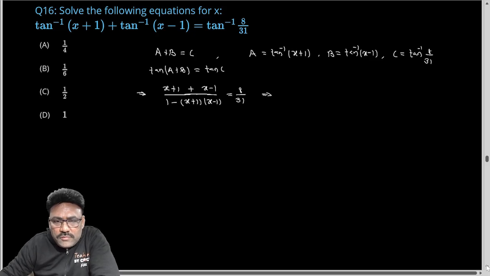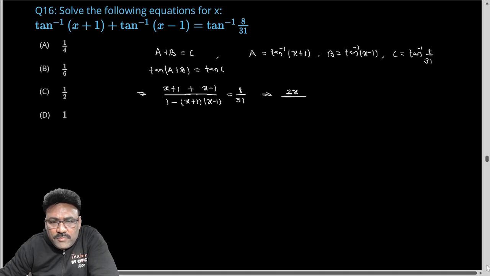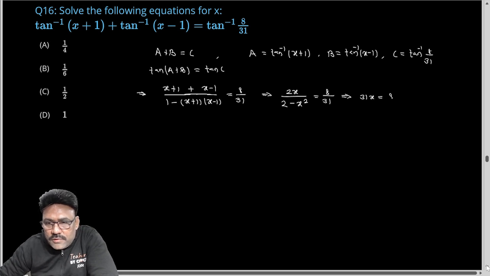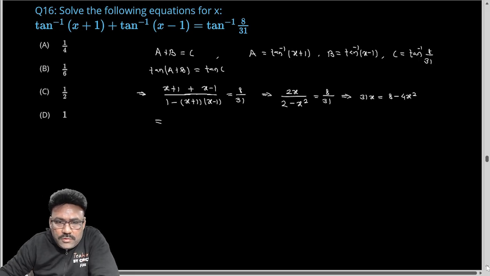If you solve it, this gives you 2x over 2 minus x square equals 8 by 31. So finally you are getting 31x is equal to 8 minus 4x square. So this is 4x square plus 31x minus 8 equals 0.